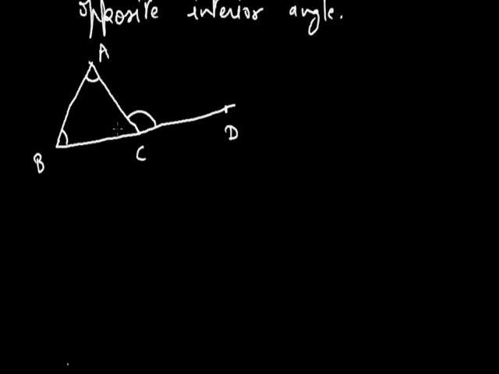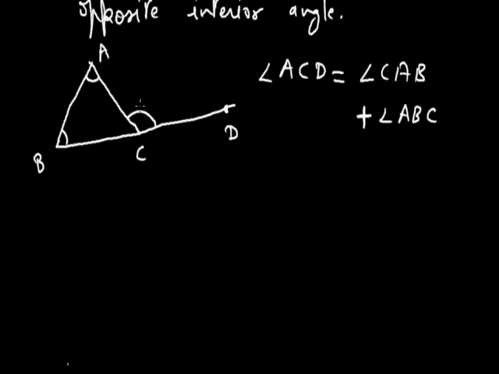So it can't be the opposite angle for exterior angle C. So the statement of the property is that exterior angle C, meaning angle ACD, is equal to the sum of two opposite interior angles, which is angle CAB, or the interior angle A, plus angle ABC, or the interior angle B. This is the statement which we have to prove. This is the mathematical representation of the property.